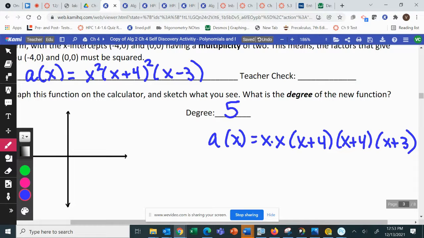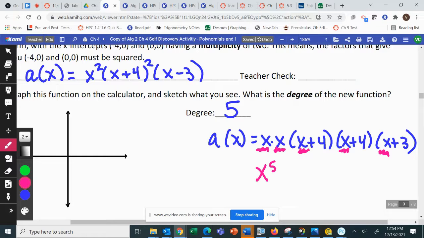Corey, why did you think it was 5? There's 5 x's. Exactly. When I wrote it all out, here's an x, here's an x, here's an x, here's an x, here's an x. There's 5 x's total that will end up multiplying together and getting x to the 5th eventually. So I'm looking at how many x's we have.